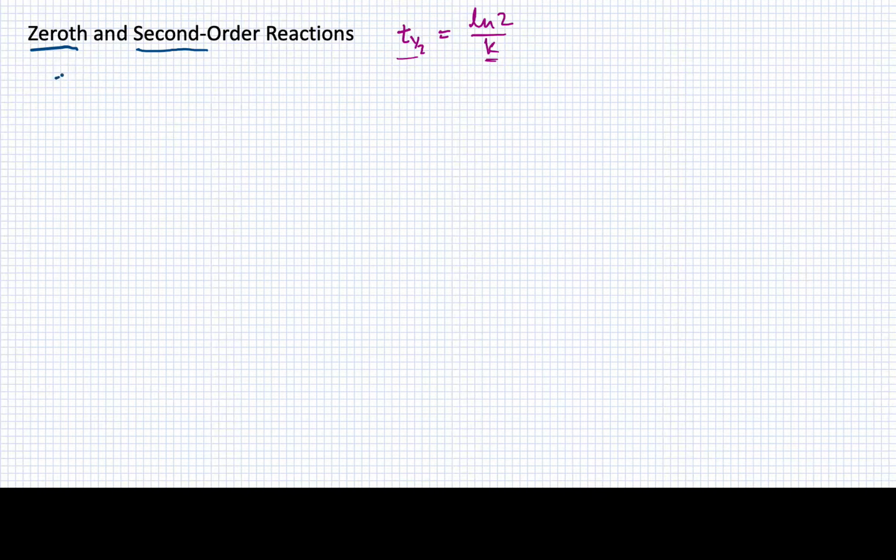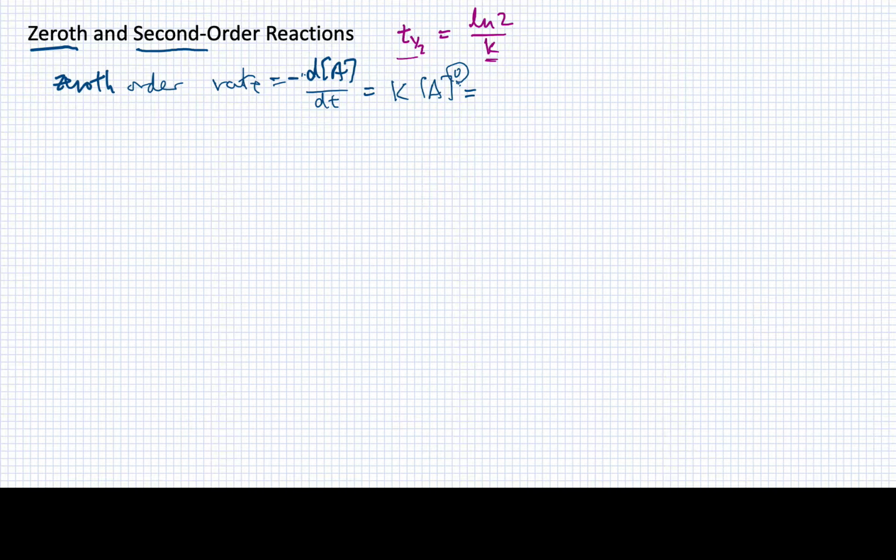A zeroth order reaction is one which would have a rate law that looks something like this. The rate is going to be minus the change in the concentration of our reactant A, which is going to equal k times A raised to the 0 power. That's where the zeroth order rate constant comes in.